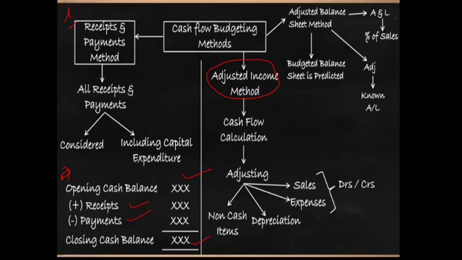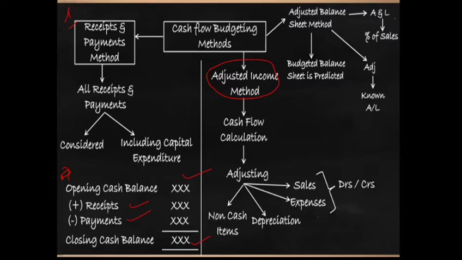As we all know, sales are not all cash. All sales are not on a cash basis, because in sales there would be credit sales or cash sales. So we will be adjusting the debtors to find out what is cash sale.